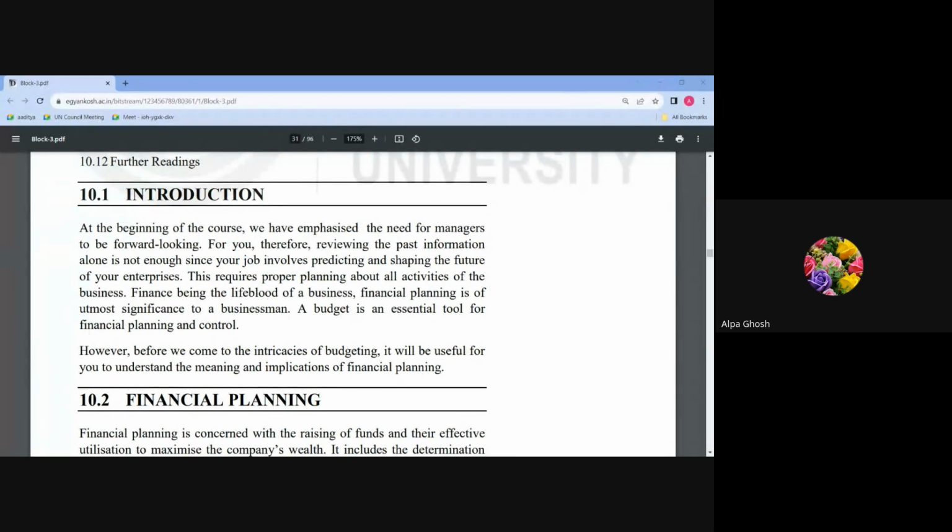So budget is not restricted to any organization or any individual. Even before getting the salary, we estimate what the salary is going to be and what are the probable areas where this salary has to be used.